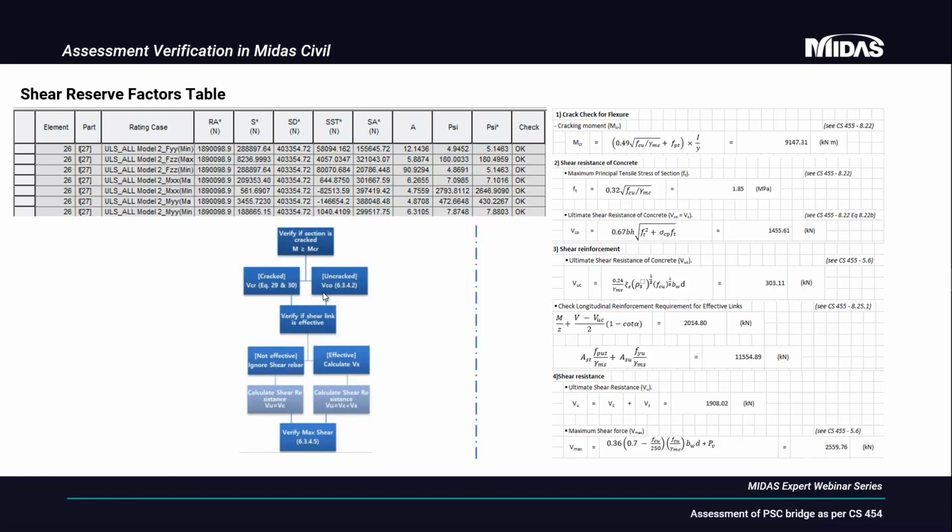Shear resistance Vu is calculated, which is the summation of concrete resistance plus shear rebar resistance. Based on that, where the maximum shear is, we verify the maximum shear. This is the flow for checking the shear reserve factor, and these factors are calculated similarly to how we saw for the flexural reserve factor.